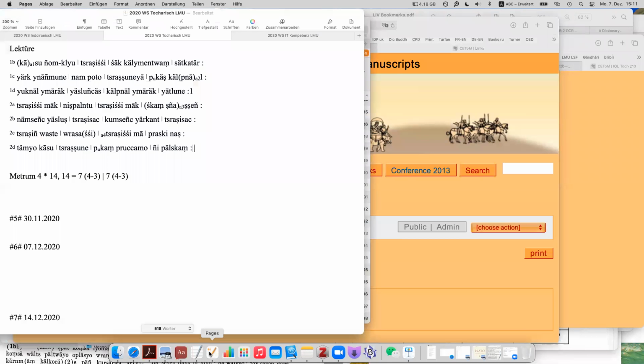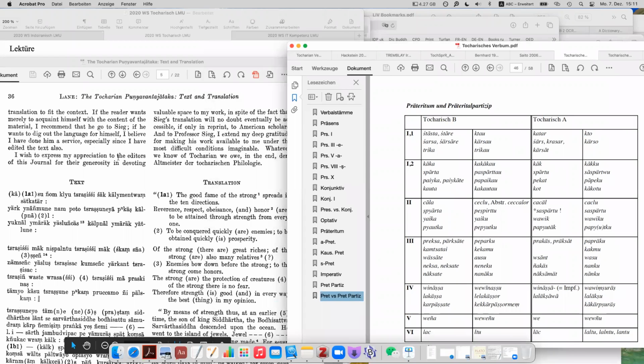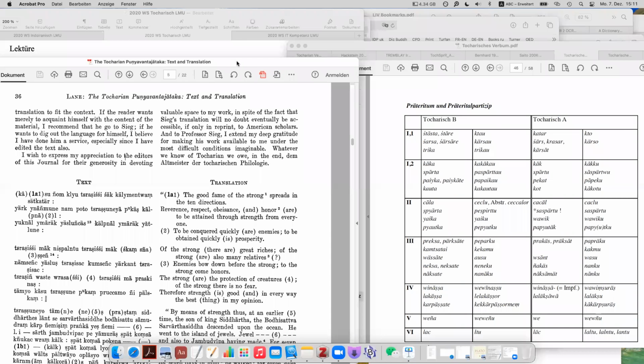So this is actually the text, and you also find here the text and English translation by Lane, George S. Lane. He's an Indo-European linguist in the USA.